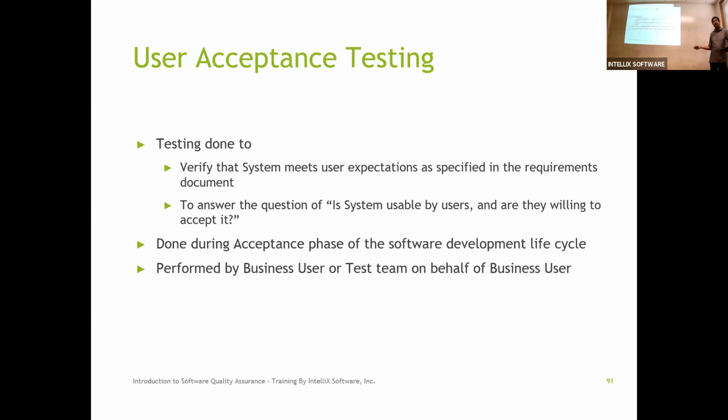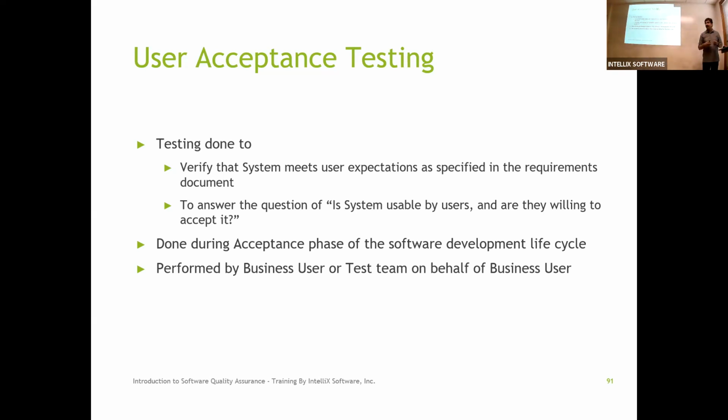You, as the quality assurance team, finish testing, and everything is working as expected. The software is meeting its fit for purpose. You give it to the user and say, now you run the test and see if it's working or not before you do the final acceptance. So this is typically done by end users. But more often than not, you're going to find that the user says, I want you to do this testing on my behalf.